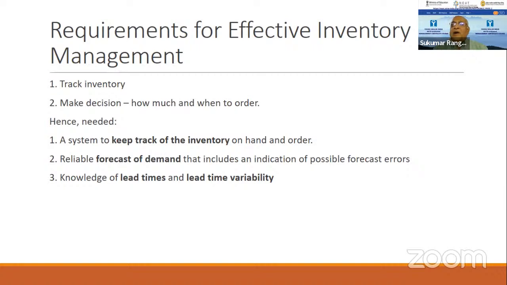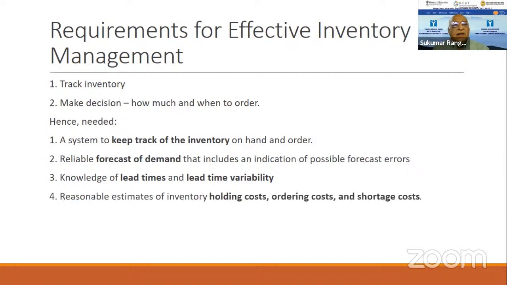I may order 2 months of requirement instead of 1 month requirement, right? Because I know that somewhere there is going to be a lead time problem because of the ripple effect on the other side. So, knowledge of lead times and lead time variability, reasonable estimates of inventory holding costs, ordering costs, and shortage costs.